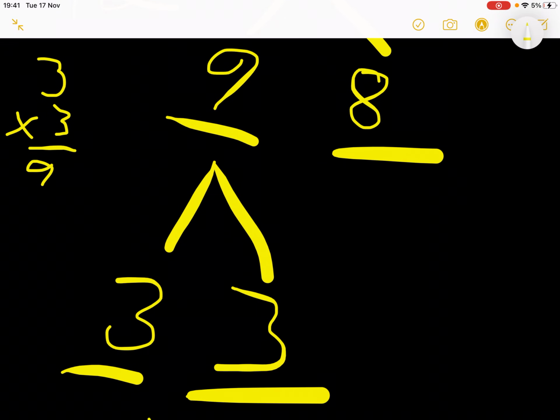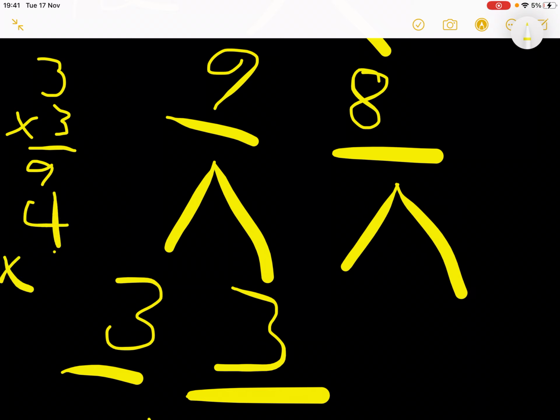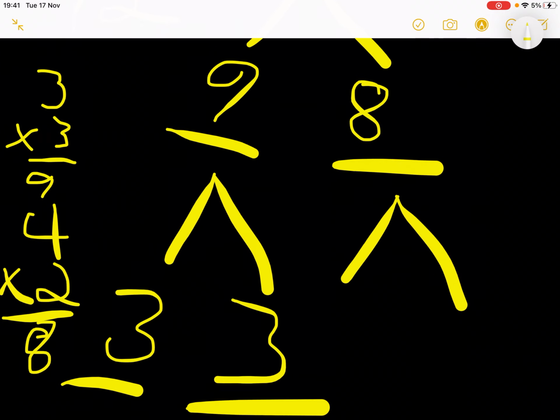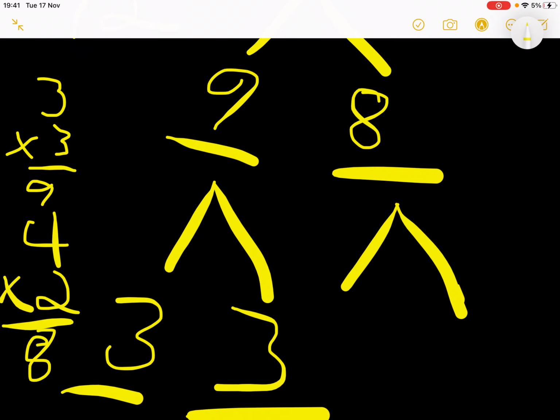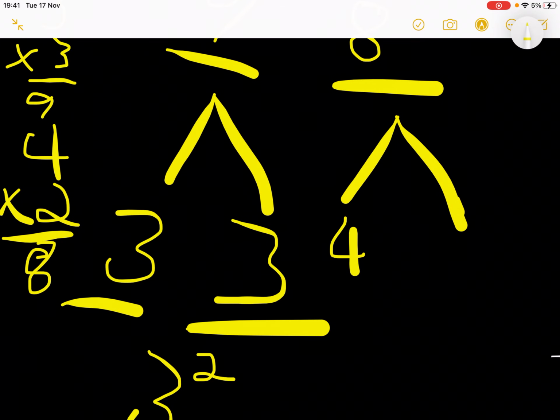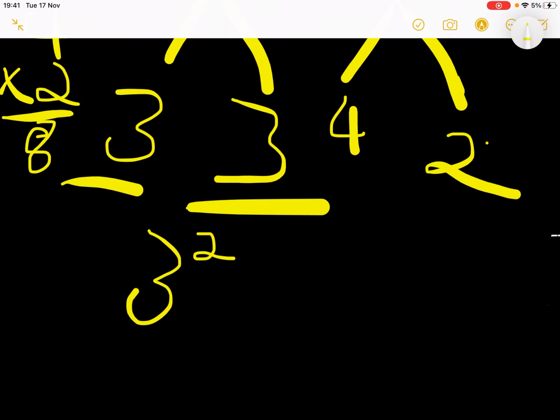Now we need to break 8 up. So 4 times 2 equals 8. So that means that we can put 4 and 2 there. We don't need to break 2 down since 2 is a prime number, but we do need to keep breaking 4 down.